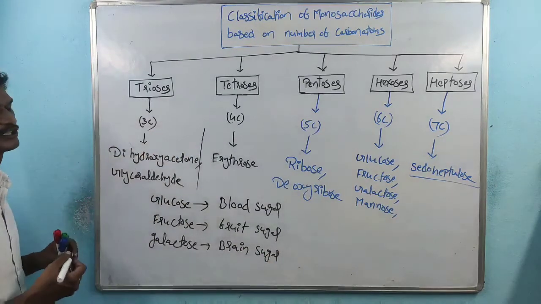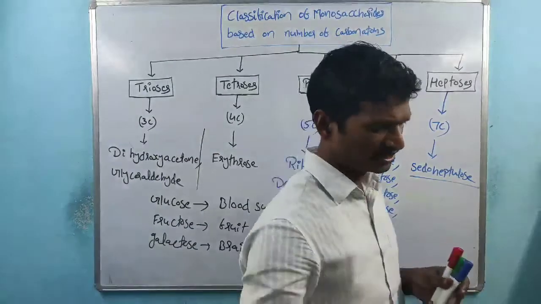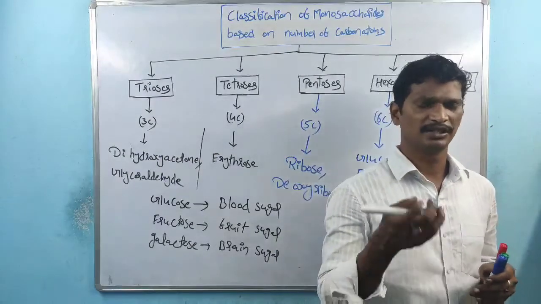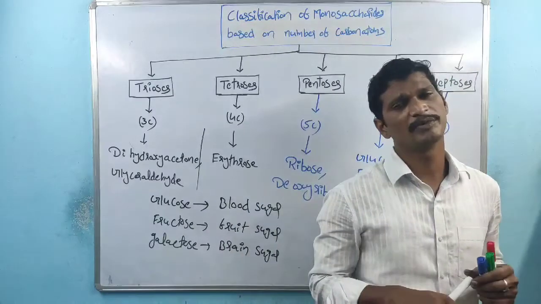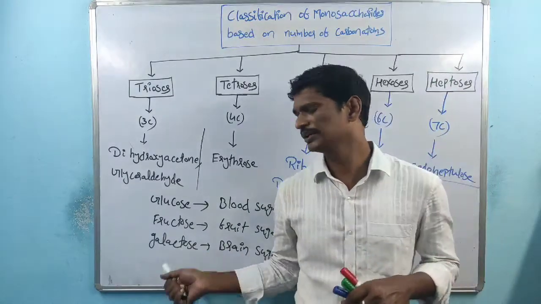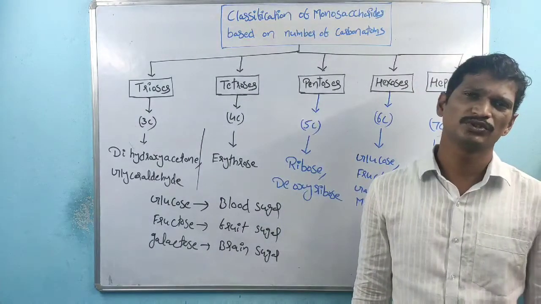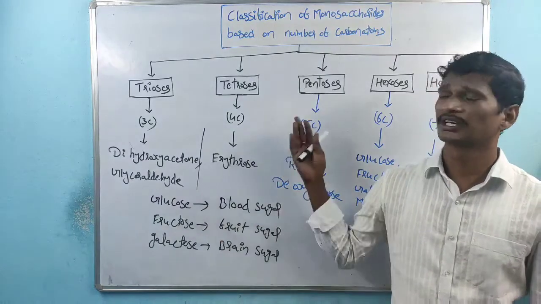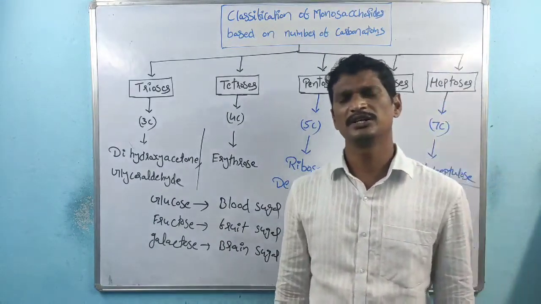Why is galactose called brain sugar? Whatever neurons are there, the neurons are especially formed by galactose. The membranes are majorly formed by galactose, right? That is about some properties of the monosaccharides and the classification of monosaccharides. Next we will discuss the oligosaccharides.